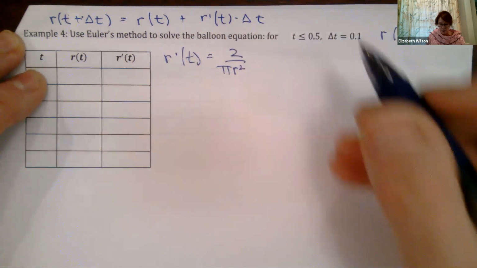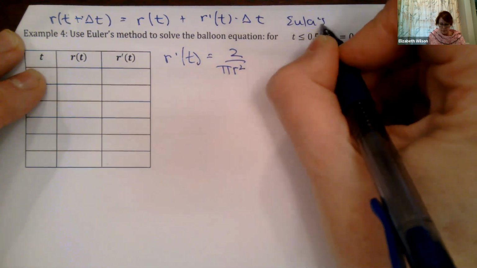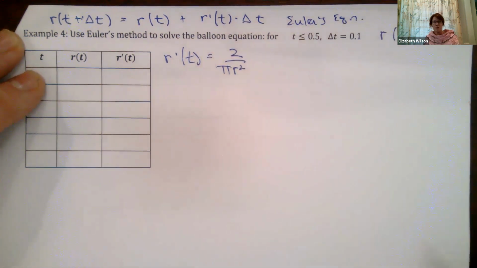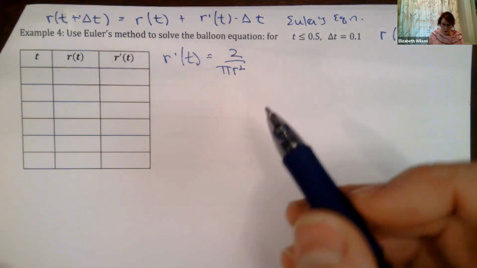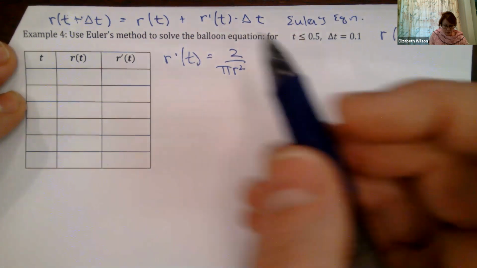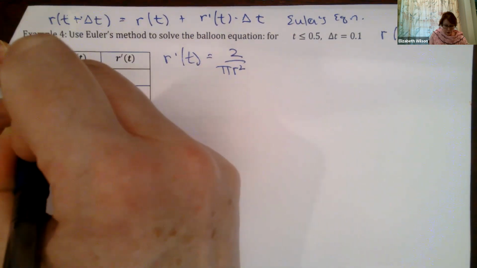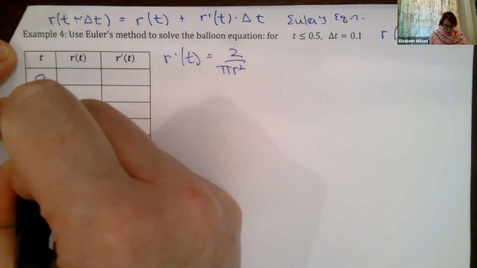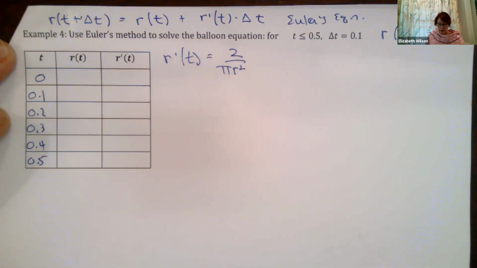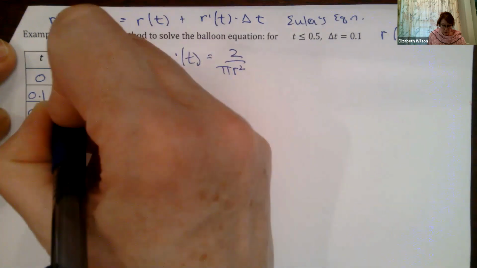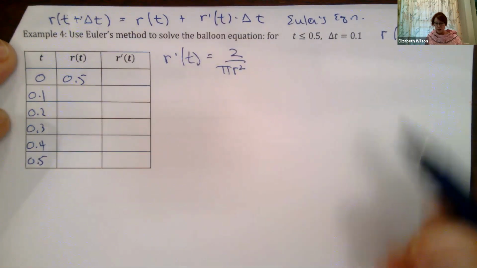We've been thinking about it in terms of x of t or y of t, but here r of t is our radius function. We're going to start at t equals 0, 0.1, 0.2, 0.3, 0.4, 0.5, and plug it in. At 0, we're at 0.5.